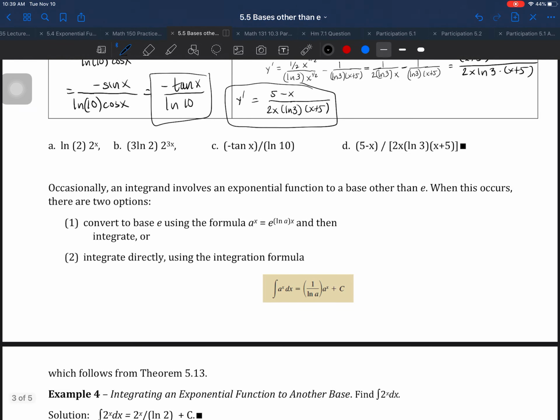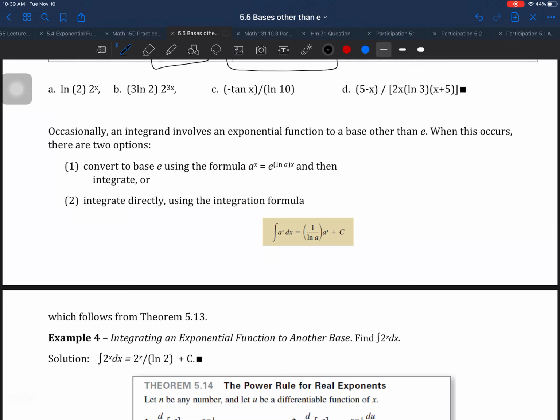All right. So lastly, we're going to discuss the integral of the exponential function, and it follows sort of the same pattern as before.